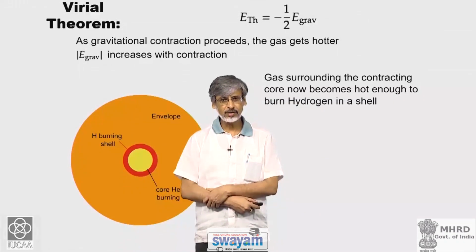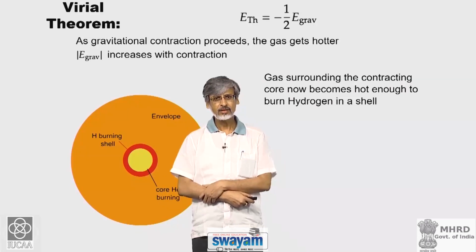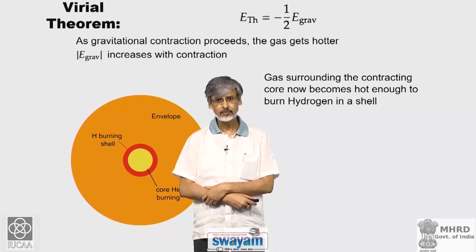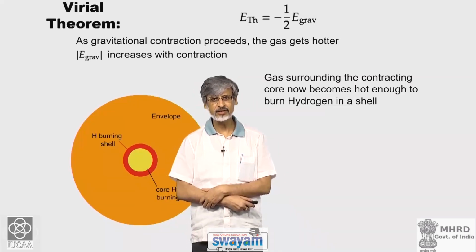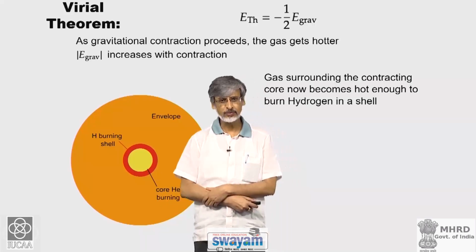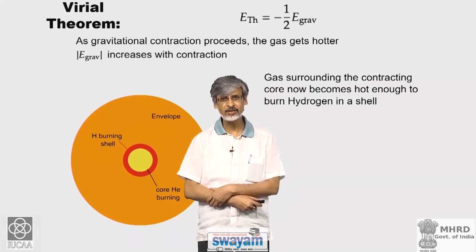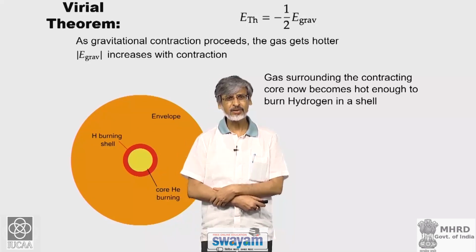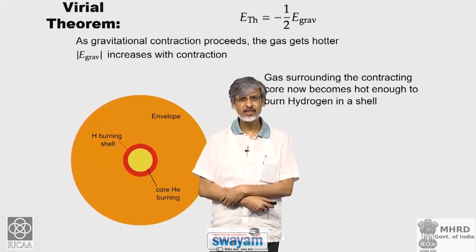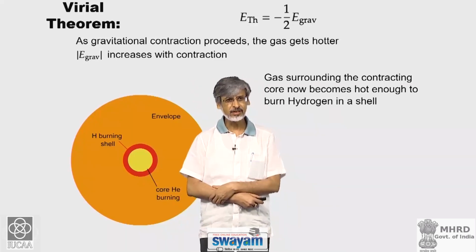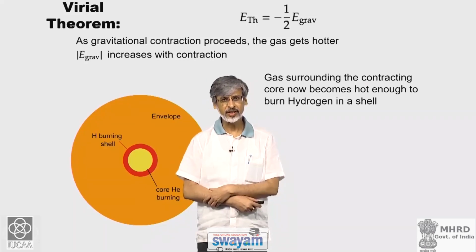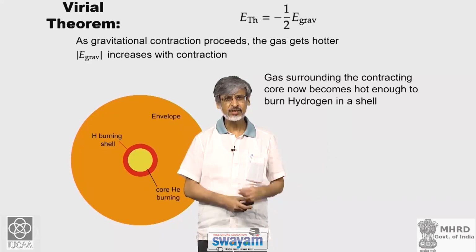When a globe of gas contracts due to gravity, its gravitational binding energy rises. Gravitational binding energy is a negative quantity, so the magnitude of the gravitational binding energy rises. Now, we have a theorem called the virial theorem, which relates the thermal energy in a quasi static bound object with the gravitational binding energy, which is as given here.